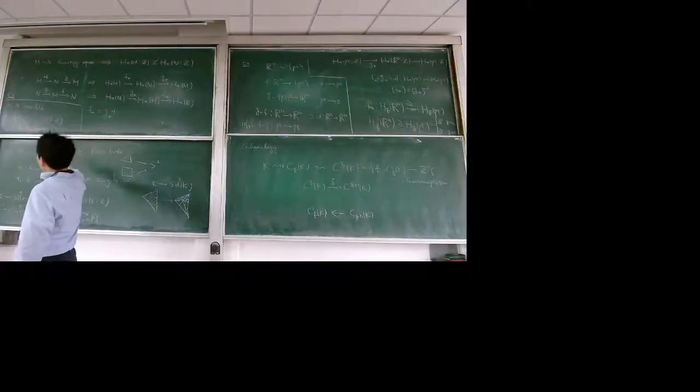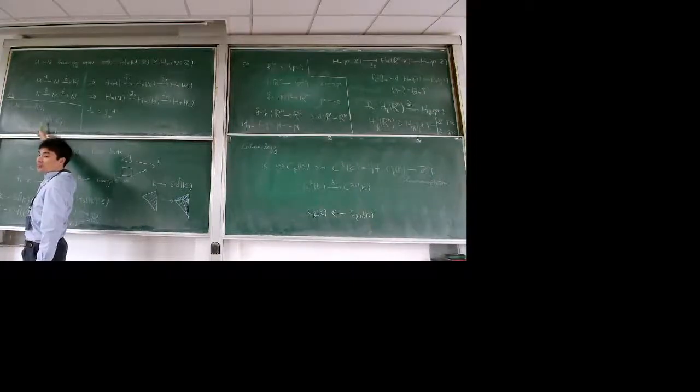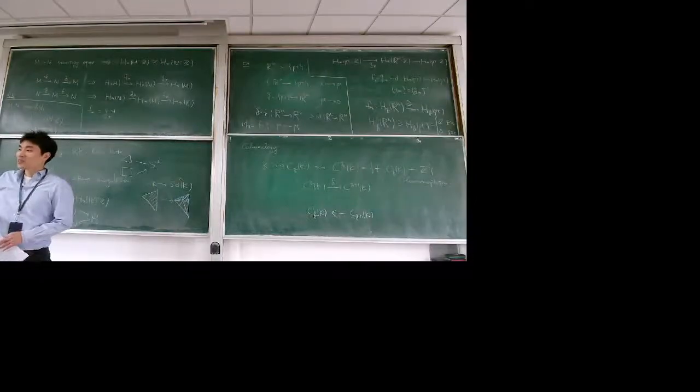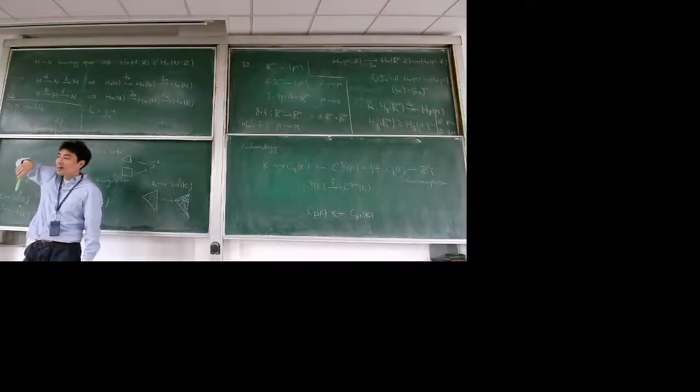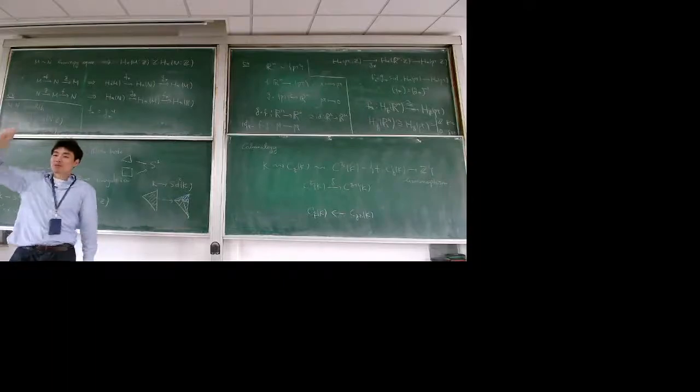But this one, I want to give you some hint on de Rham cohomology, right? In the homework, I already told you how it behaves in the product. So you should do the same thing for homology.